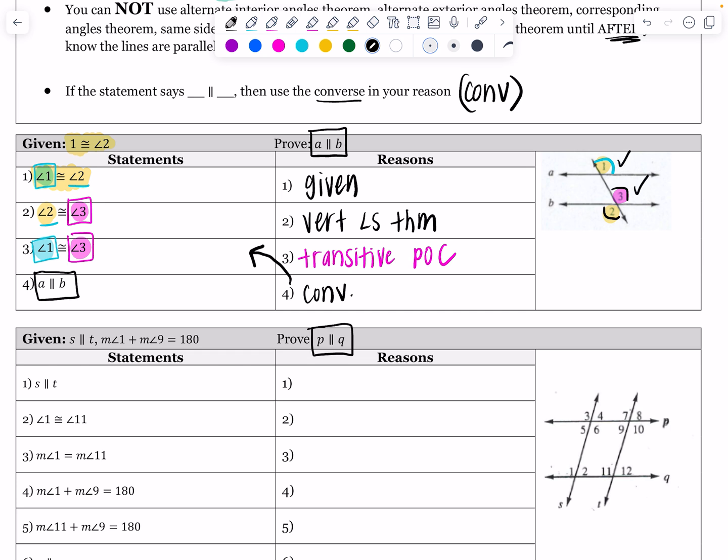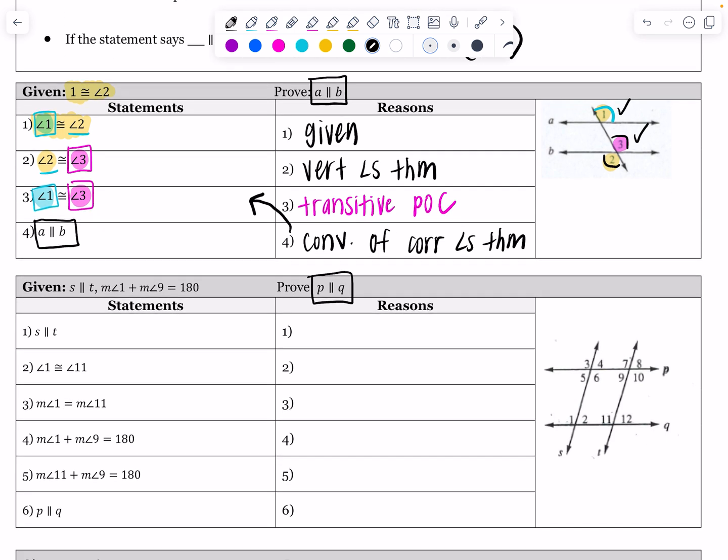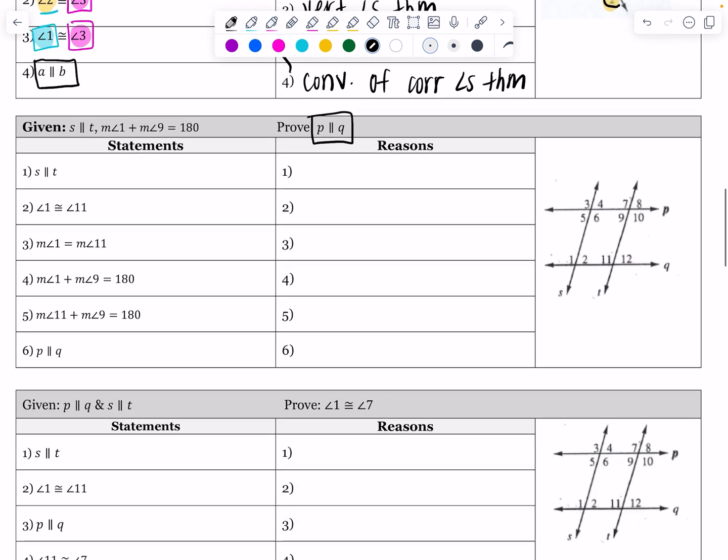Our lines must be parallel because of what kind of relationship is that? That is the converse of the corresponding angles theorem. If those angles are congruent, then boom, the lines must be parallel, which is what I wanted to prove. Because if the corresponding angles are congruent, then we know that those lines must be parallel. Okay? Not an easy thing, but you will get the hang of this the more you do.